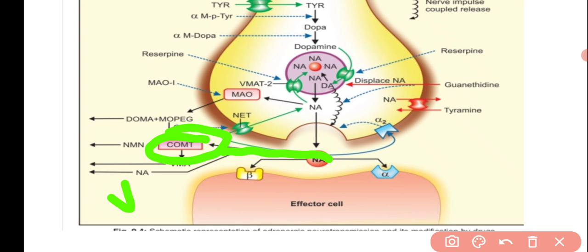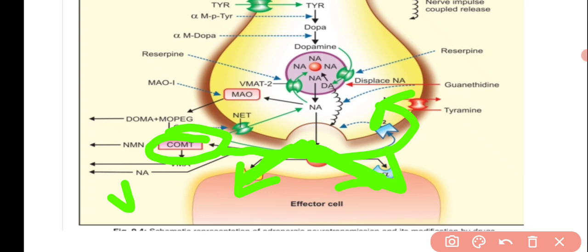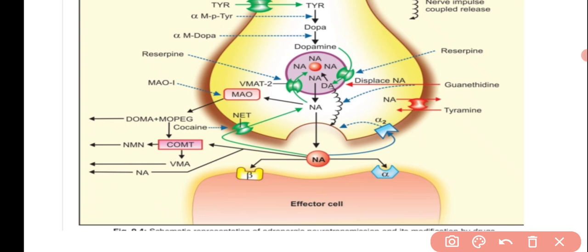Some drugs will interfere with the synthesis, some with the storage, some with the release, some with the reuptake, and some will interfere with the receptor action of norepinephrine. Some drugs will interfere with the metabolism. Let's see those drugs.